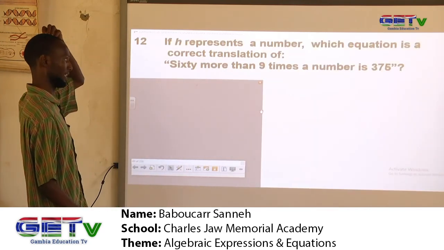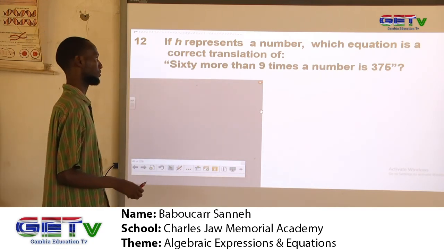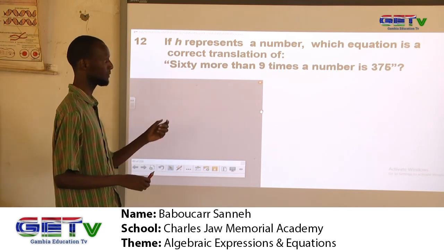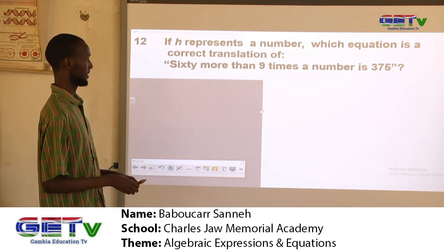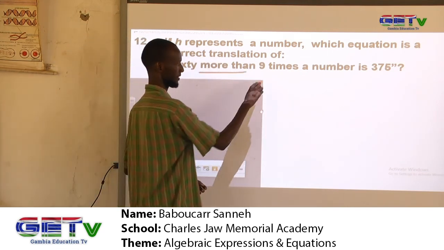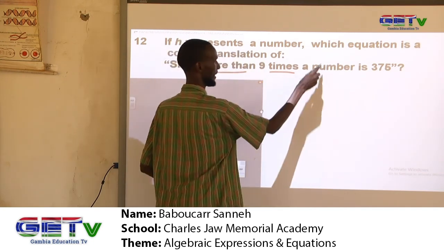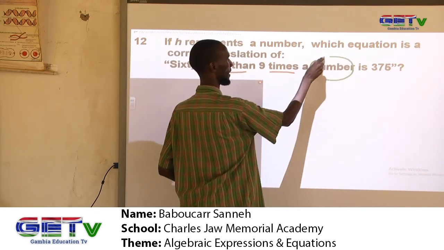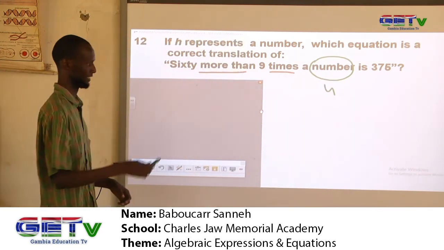So we look at this other one here. It says if h represents a number, which equation is a correct translation of 60 more than 9 times a number is 375. Now the key terms here: more than, times, and then it says a number. And we know our number in this case is h. So that means 9 times h.